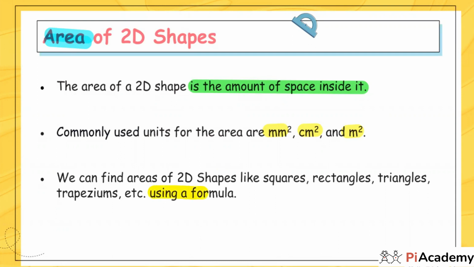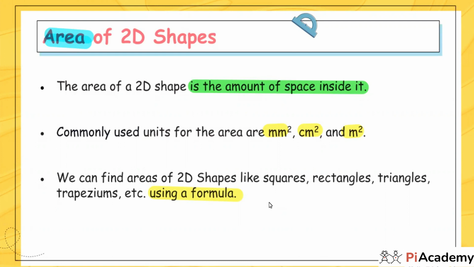So here we have some specific formulas, and you need to remember them. Without a formula, you cannot find the area, whereas you can find perimeter without a formula, because perimeter is just the addition of all the sides, right? So if you want to memorize these formulas, that is very good. All the formulas are required.